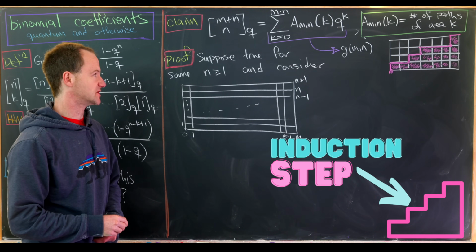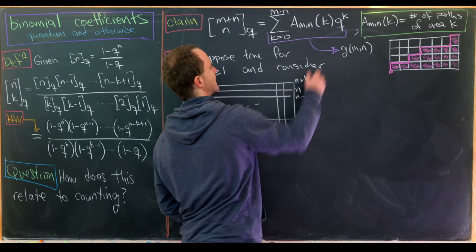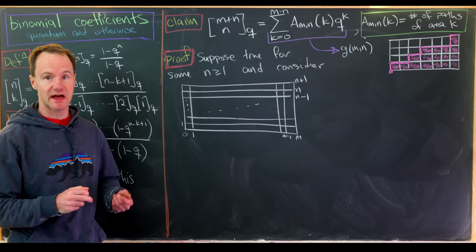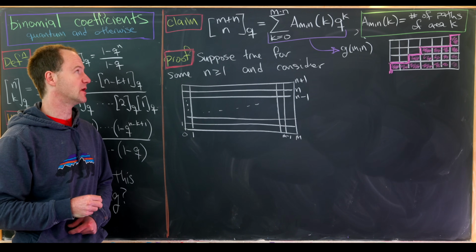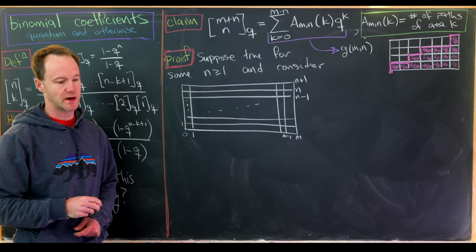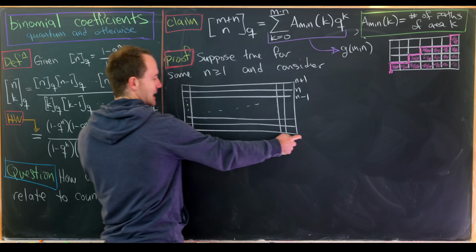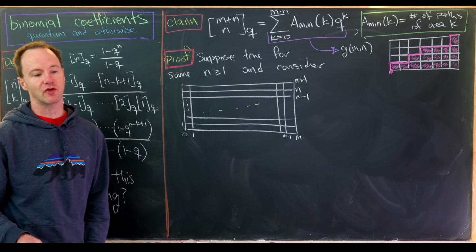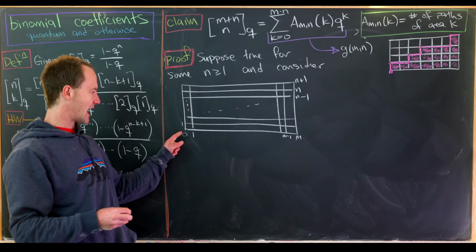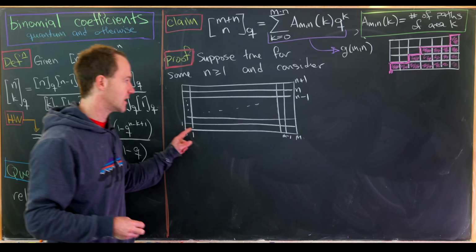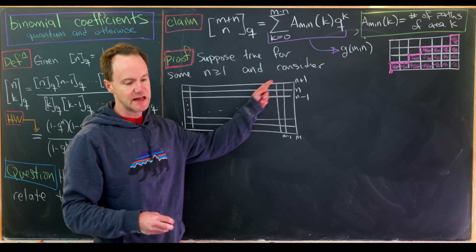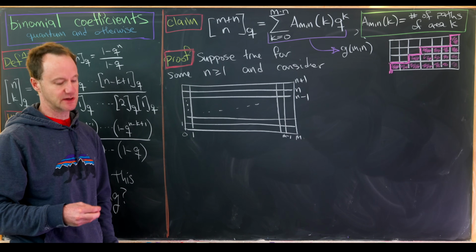Okay, now for the induction step. Let's recall that I called this right-hand side g of m, n, just for simplicity. Now, let's suppose that our setup is true for some n bigger than or equal to 1, and then we will consider the n plus 1 case. So that means we've got an m by n plus 1 grid. And the idea here is to break up the paths from this origin over here to our n plus 1 vertex over here into a couple of different possibilities.